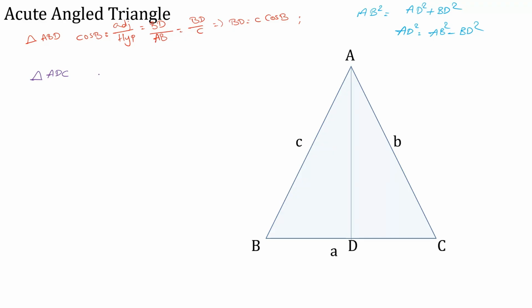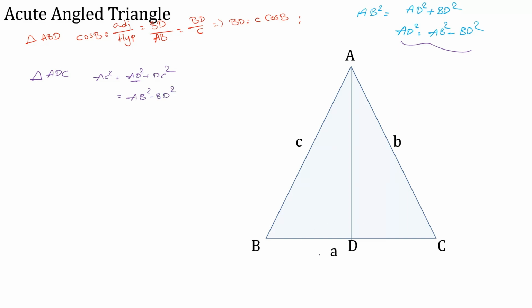And this also, when we apply the Pythagoras theorem, AC square is equal to AD square plus DC square. But here this AD can be obtained from the previous equation. This is nothing but AB square minus BD square.